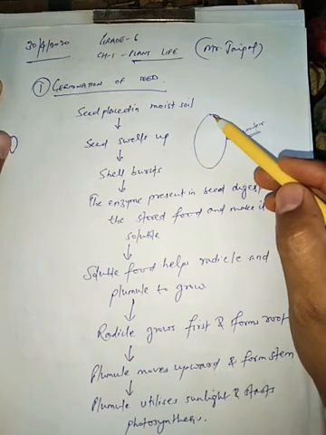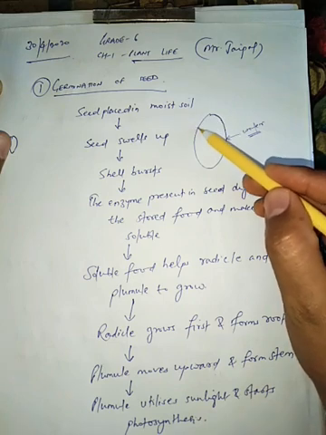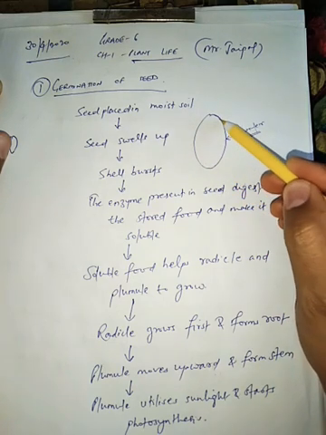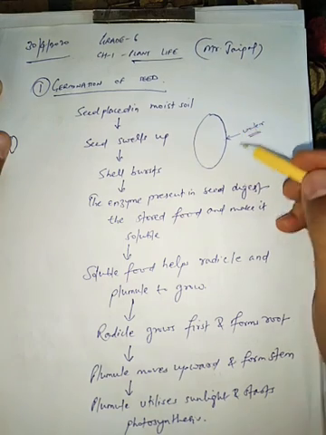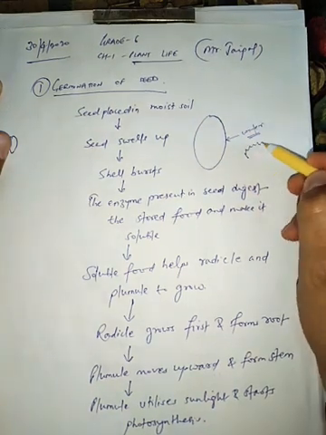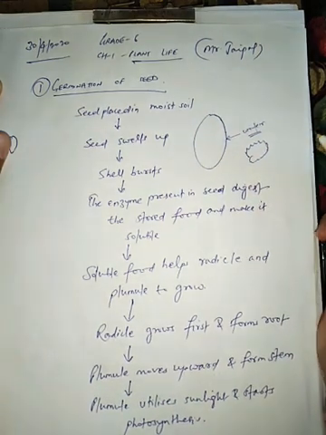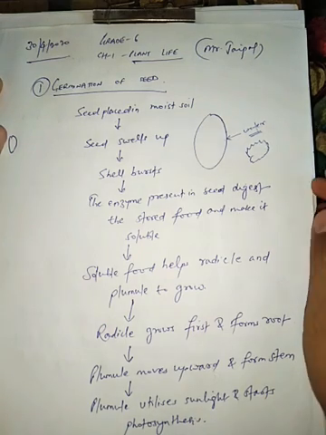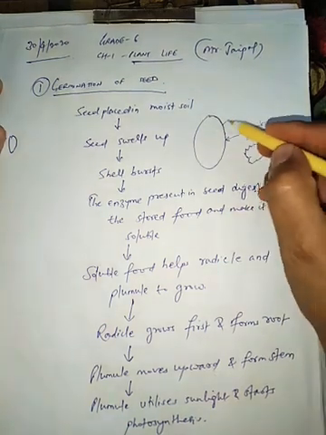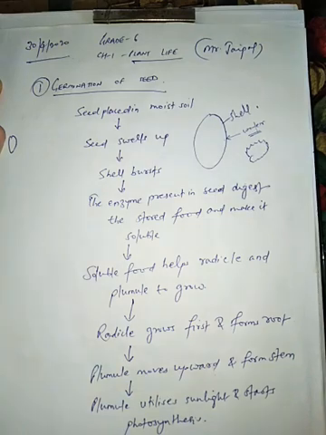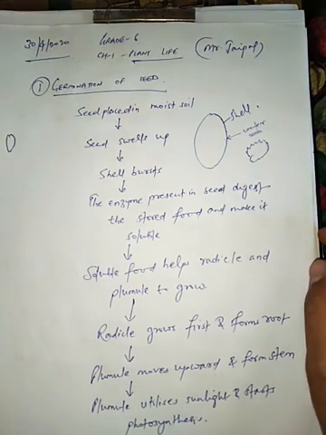Now what happens as it swells, the hard covering of the seed becomes soft and it bursts. The shell is the outer covering. It bursts. Now what happens, students?